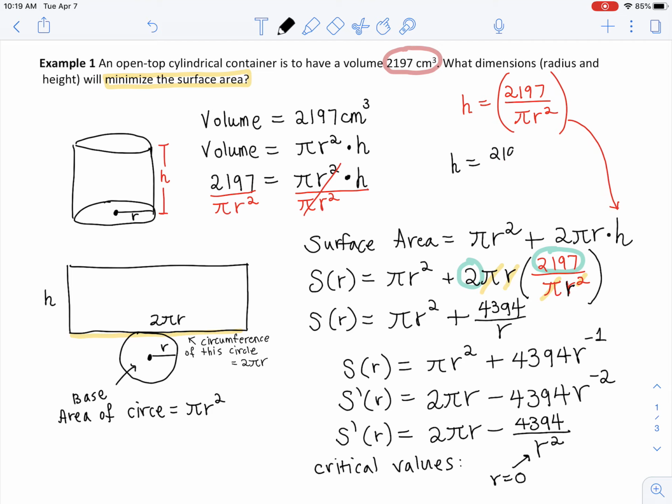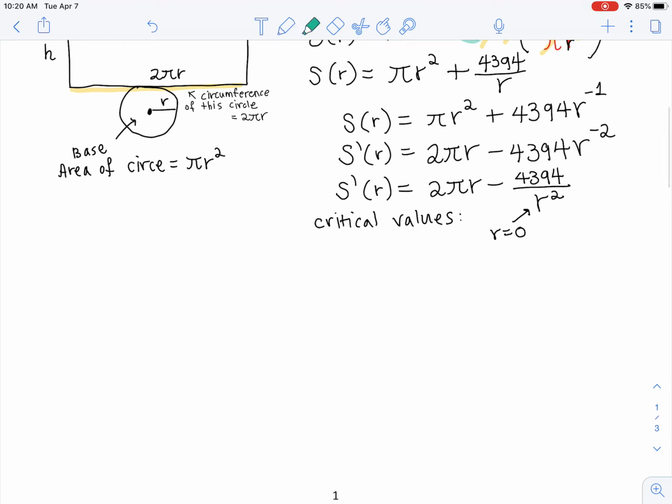But will that have a volume of 2197? If I plug in 0 in here, what will be the height? 2197 divided by pi times 0 squared. I'm not going to be able to have a height. So if the radius is 0, the height will be infinitely big. That's not going to work.